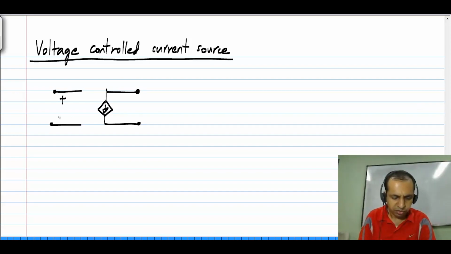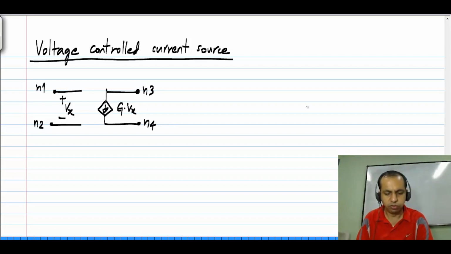And also we have to have controlling nodes. What this says is, if the voltage between let's say N1 and N2 is Vx, that will cause a current of G times Vx to flow from N3 to N4.